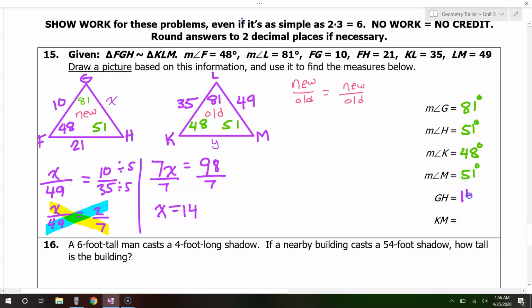So GH is 14. All right, let's do something very similar to find Y. We need to do new over old, so I'm going to do 21 over Y is equal to. Now I can use the same numbers as before. So the 10 and the 35. So 10 over 35. We already know that that reduces down to 2 over 7. So 21 over Y is equal to 2 over 7.